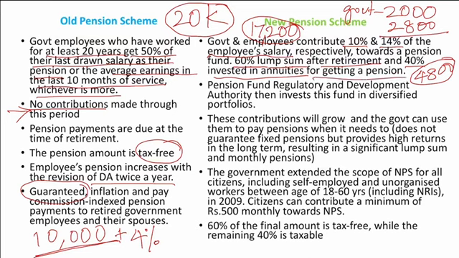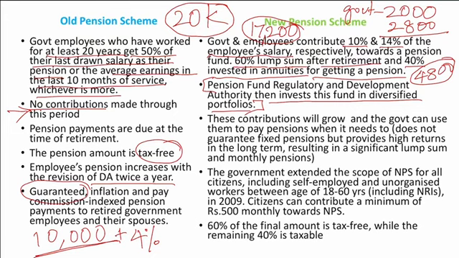The Pension Fund Regulatory and Development Authority is the body which normally invests this fund in a diversified portfolio. However, the employee has the liberty to choose a fund manager if they need so. However, the PFRDA are the usual body who does it.